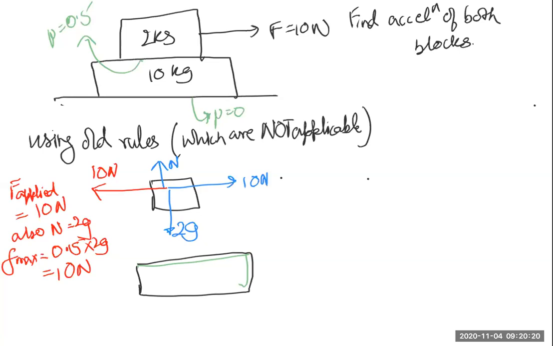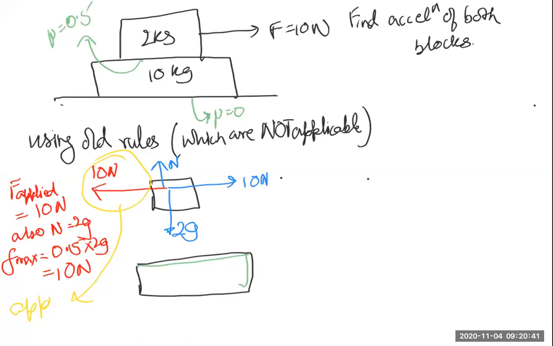And friction always matches F applied up till its maximum value. Now, ये जो फ्रिक्शन है 10 न्यूटन वाला, ये किसने किसके ऊपर लगाया है?